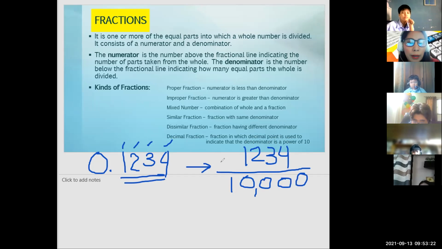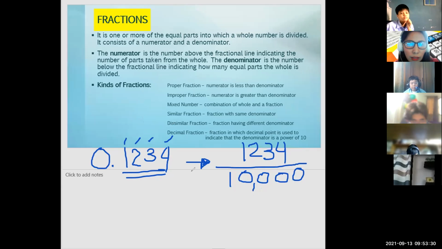Parang not everyone will get the answer correctly if you don't know how to manipulate the numbers given. Yan.